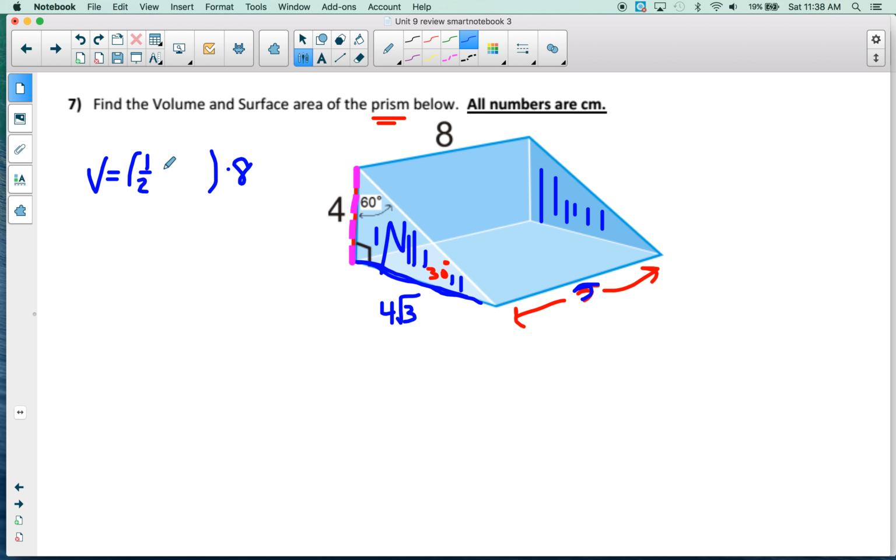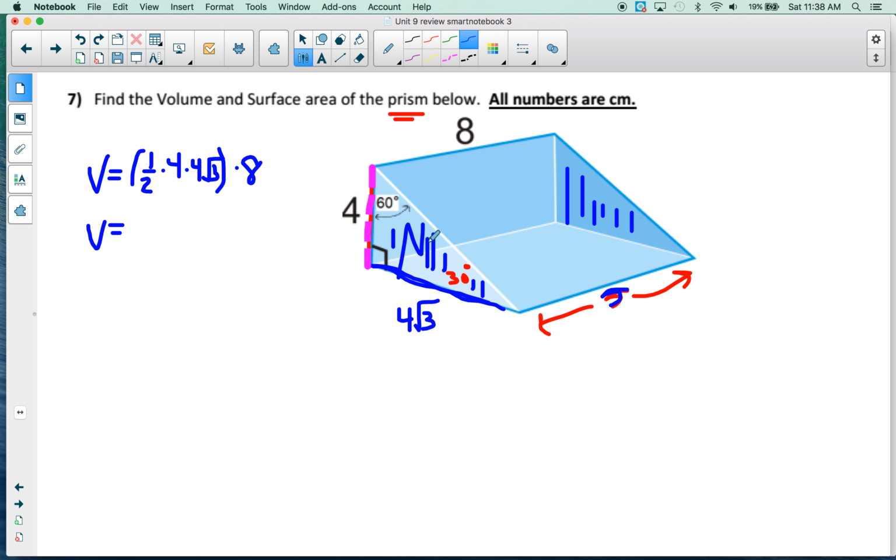So the volume is just 1/2 the base. We'll call that 4. The order doesn't matter. And then times 4 radical 3. That's just to help me remember that the radical is actually the last term. Okay, that's a 3 in there, my apologies. So finally, the volume of this prism, which is the base area, 1/2 base times height, the little base, times the height of the prism, which is 8.